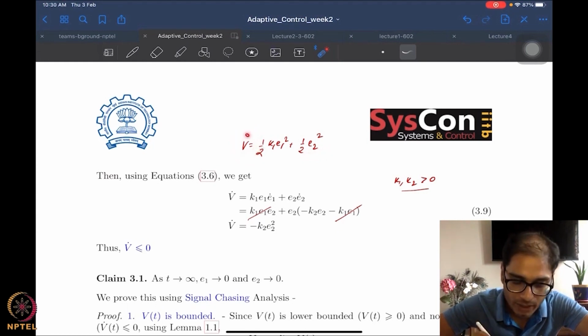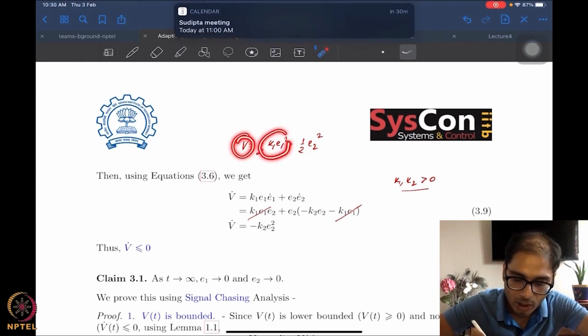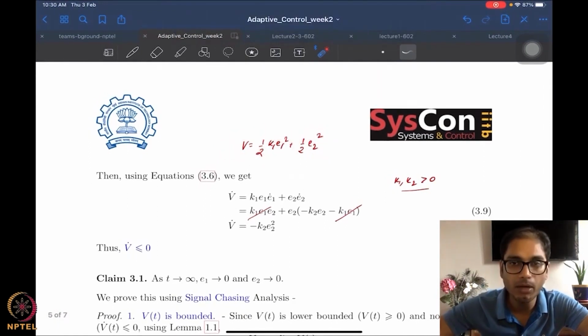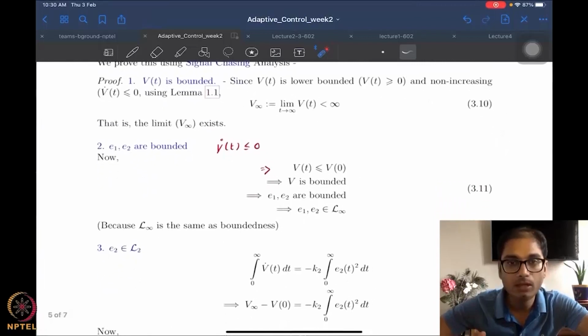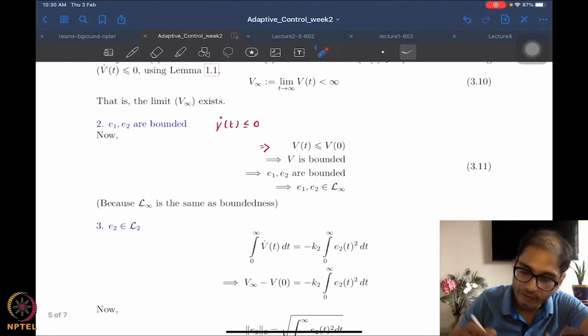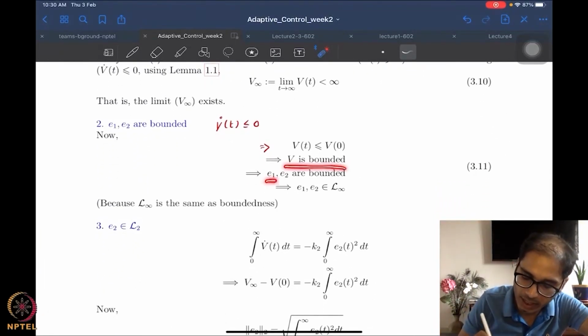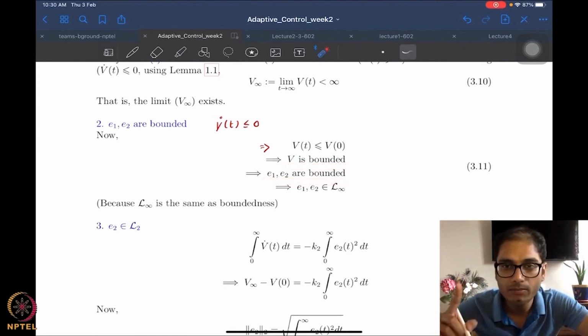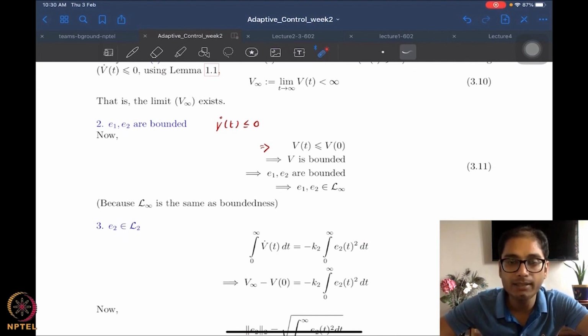So the only way for V to remain bounded is that both E1 and E2 remain bounded. This is rather critical. Purely because of the nice quadratic construction, which is squares all getting added, nothing getting subtracted.